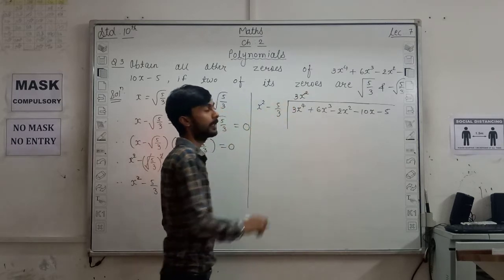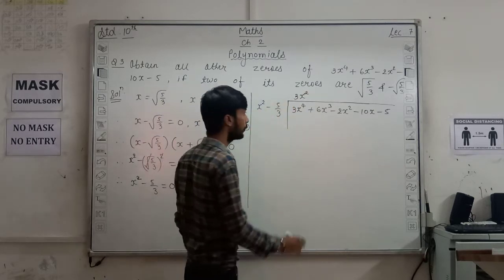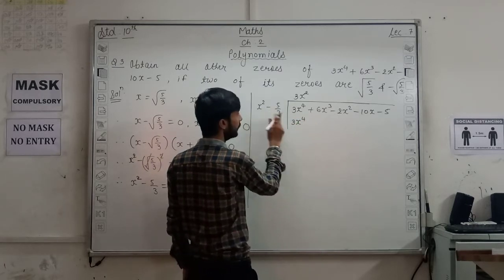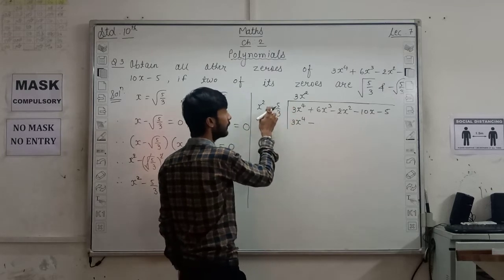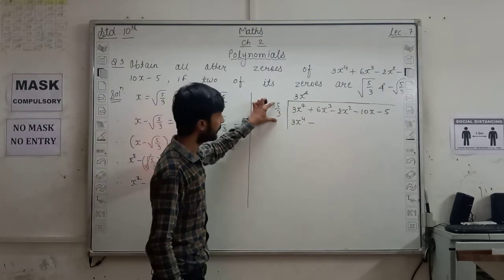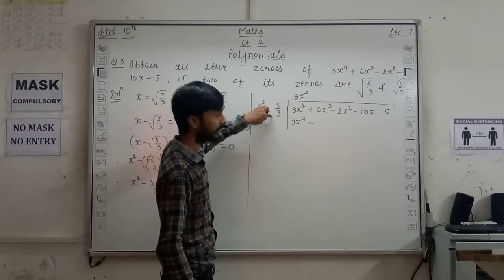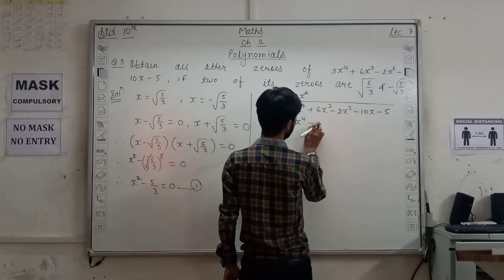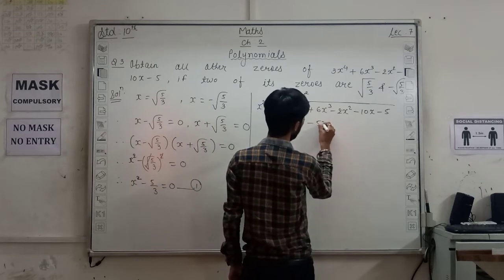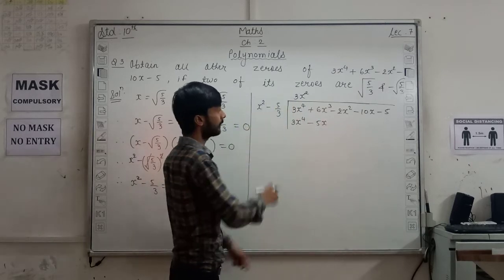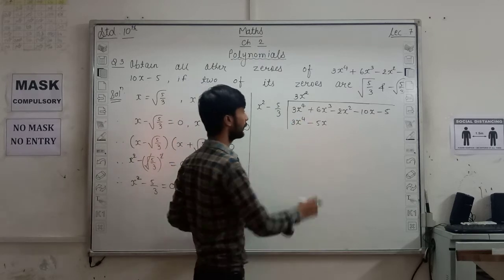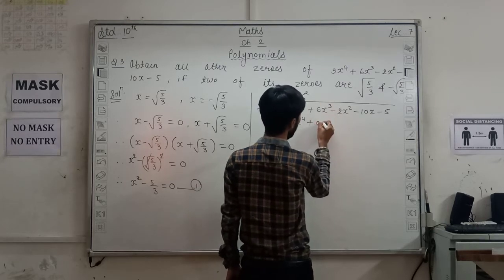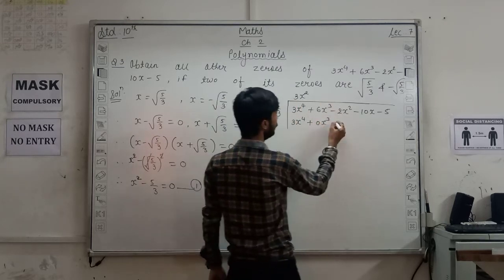So 3x² into x², that is 3x⁴, minus 3x² into 5 by 3. So 5 by 3 into 3x², the 3s cut, so remains 5x² only. Since there is no x³ term, first we have to write 0x³, then minus 5x².